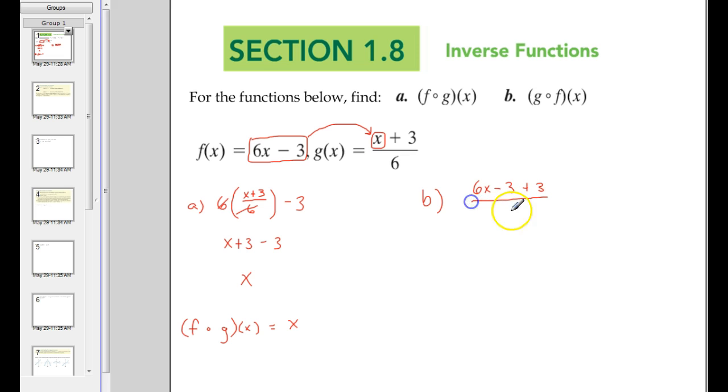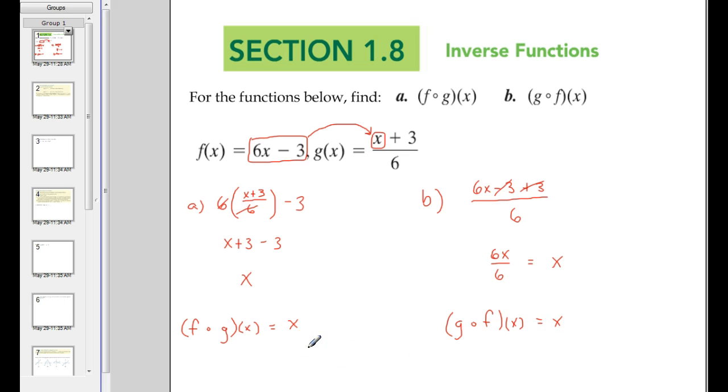And then we divide that by 6. And if you look, what's going to happen up here on top, the minus 3, the plus 3 cancel. We're left with 6x over 6, which is just x. And what we get here is that g of f of x is also equal to x.